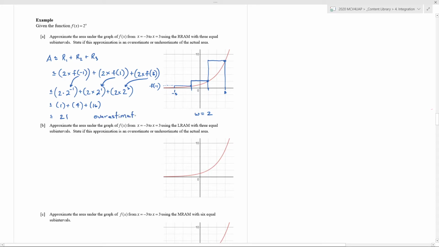Now, why is it an overestimate? Because of these areas here that are not under the curve, they're way above the curve. But based on the way I chose my rectangles, that's as good as it gets using a partition of 3 rectangles.